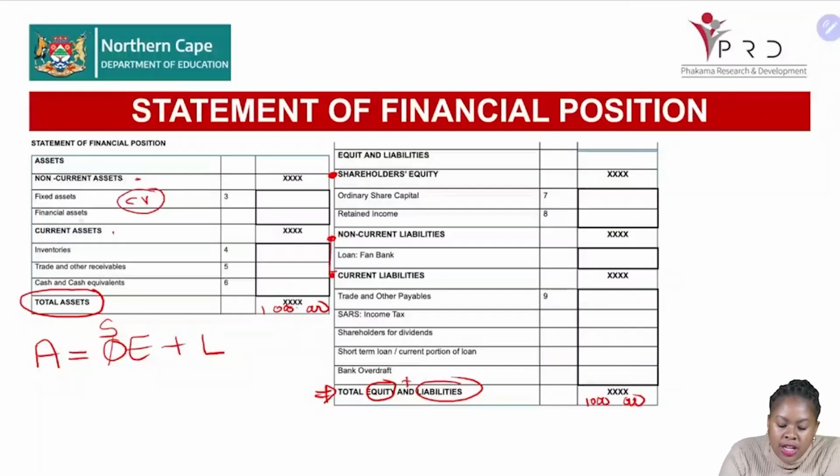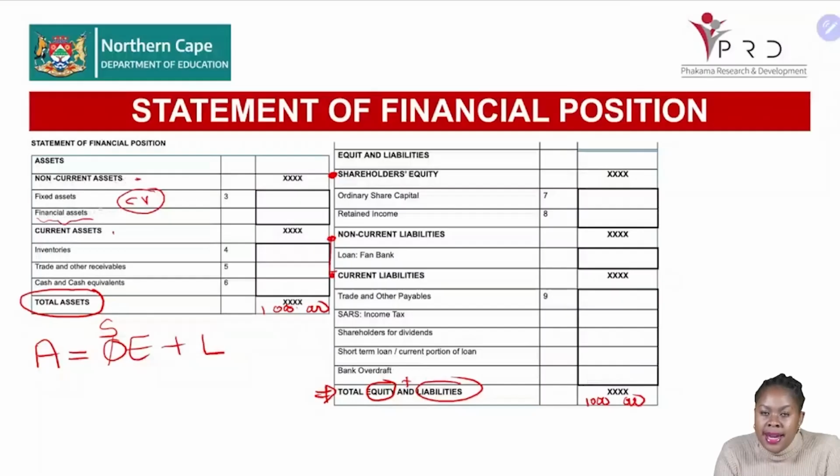Then we've got our financial assets. Now, these are the assets that we are going to own for more than a financial year. So we are referring to our investments, fixed deposits, and so forth. Because this financial assets part is under non-current assets, it means that the assets should be invested for more than a financial year for them to qualify to be placed under financial assets.